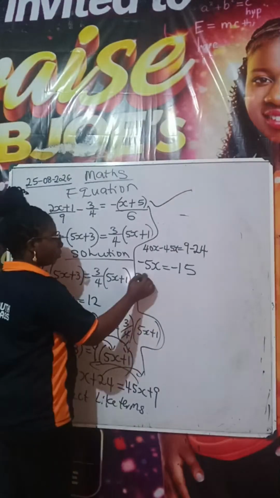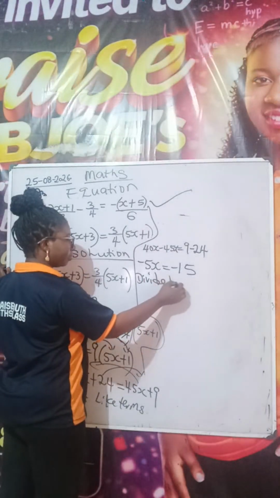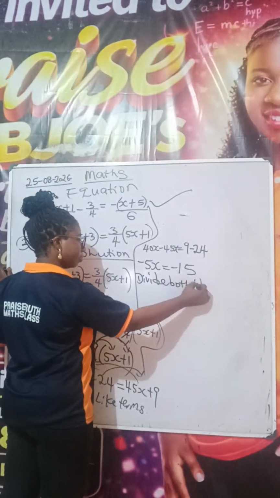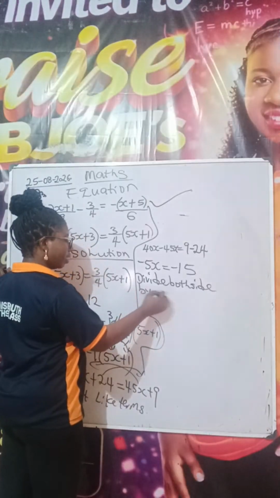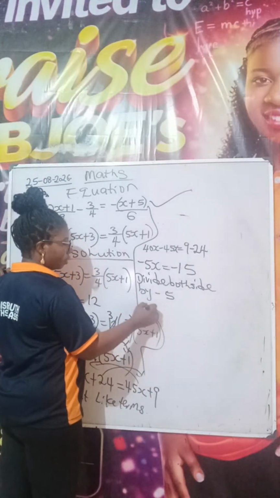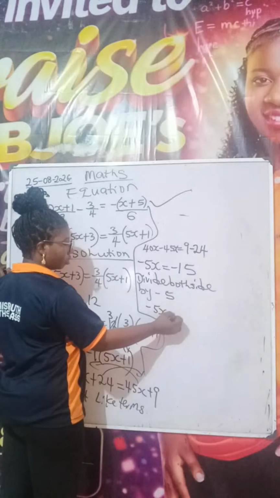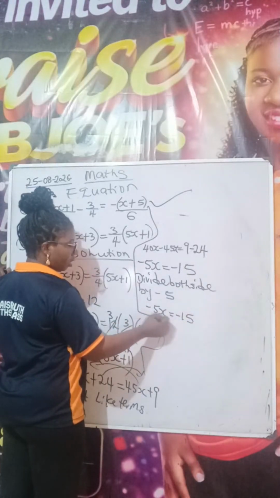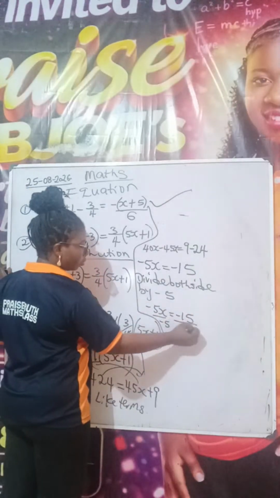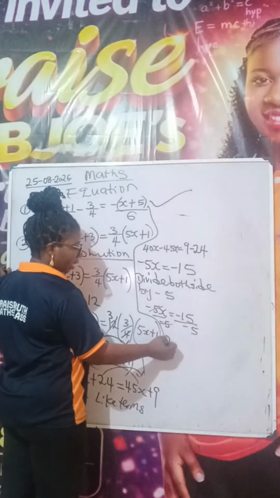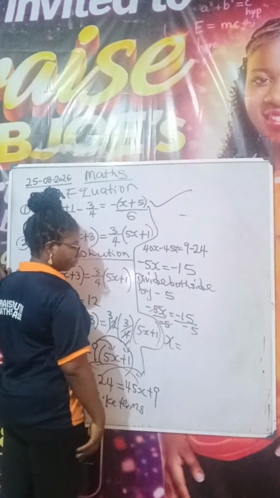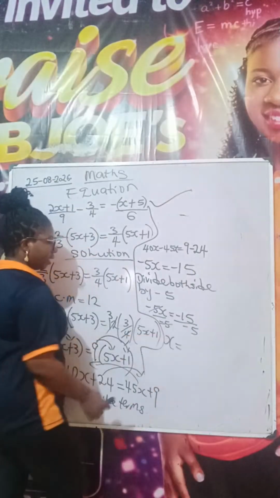So we divide both sides by minus 5. That will be minus 5x equals minus 15. Divide by minus 5, minus 5. This removes, and x is minus, remove minus.